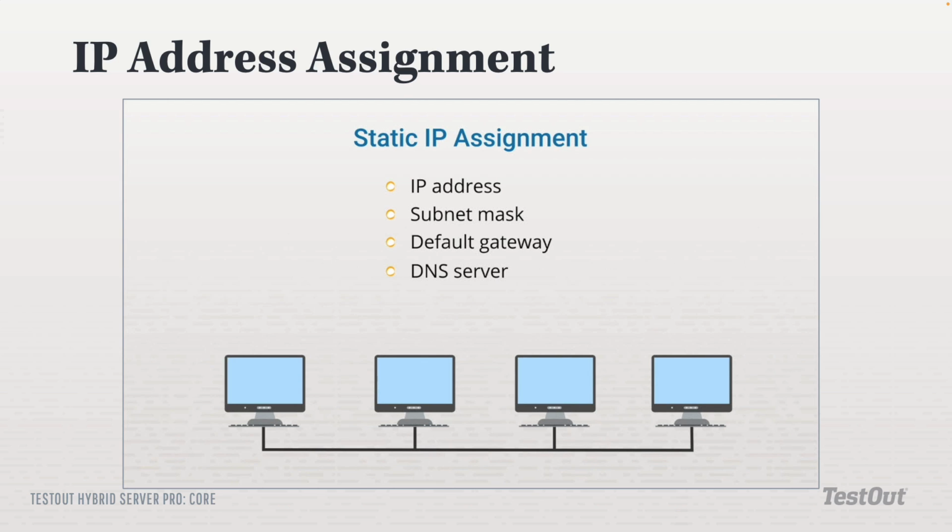As far as what is needed for a computer to access resources on the network and out to the internet or out of their own subnet, we need these 4 things: our IP address, our subnet mask, our default gateway, and if it's going to be something web-based where we're not typing in just IP addresses, we need our DNS server, okay?